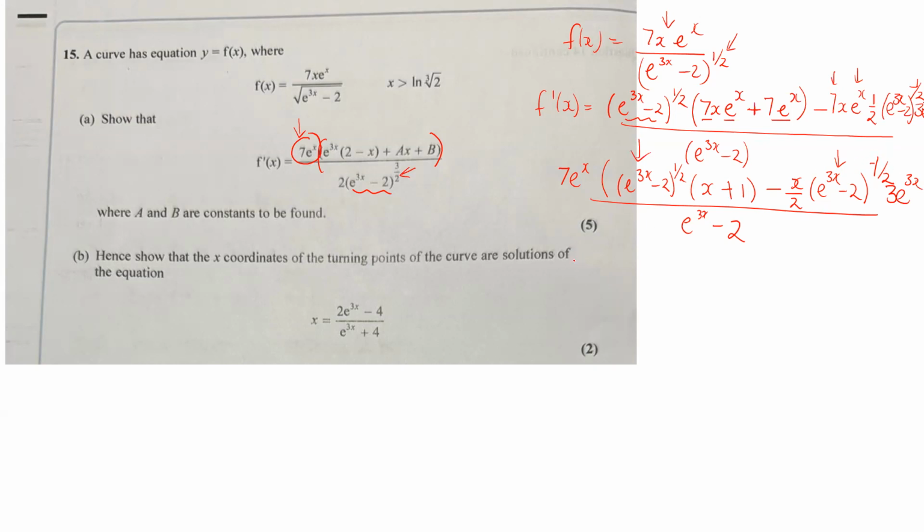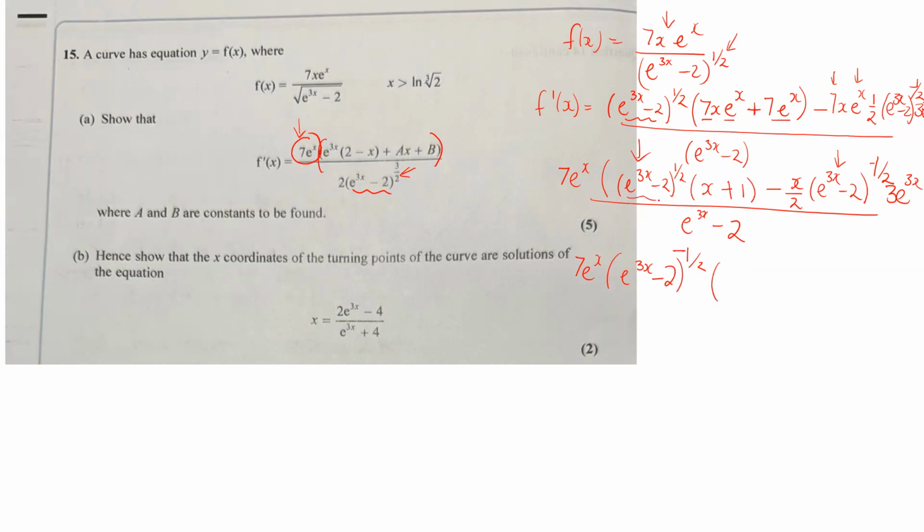So on the front, if I put 7 e to the x, which I've got, and then have an e to the 3x minus 2 to the half, and then take that out as well, then I will have, sorry, to the minus a half.